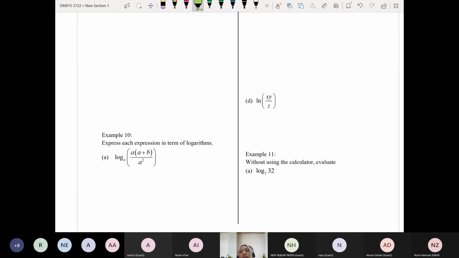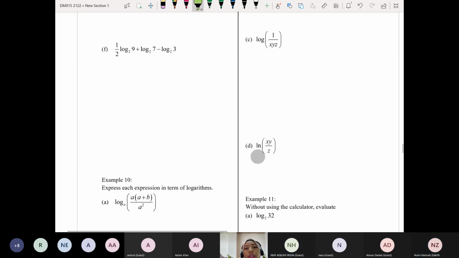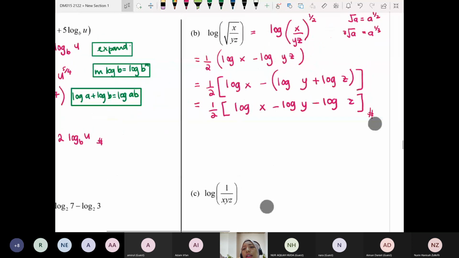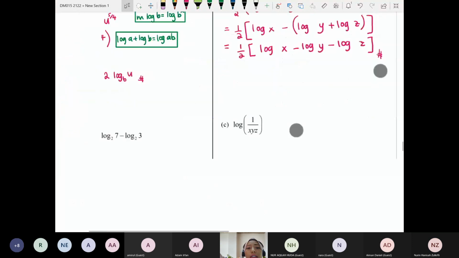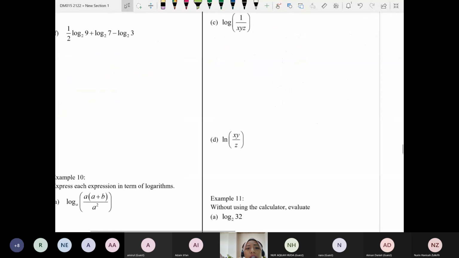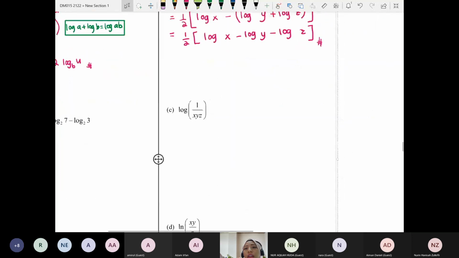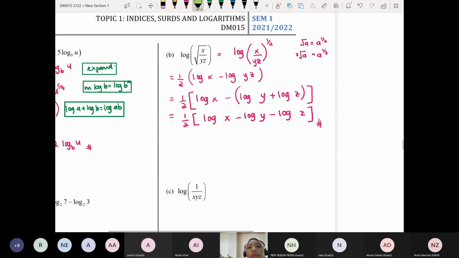Do you understand? It is like reversing the calculation we made in the earlier example. Okay, so I have done part B. Does this answer question 10? Express each expression in terms of log? Yes, so every x, y, z is now an expression of log.